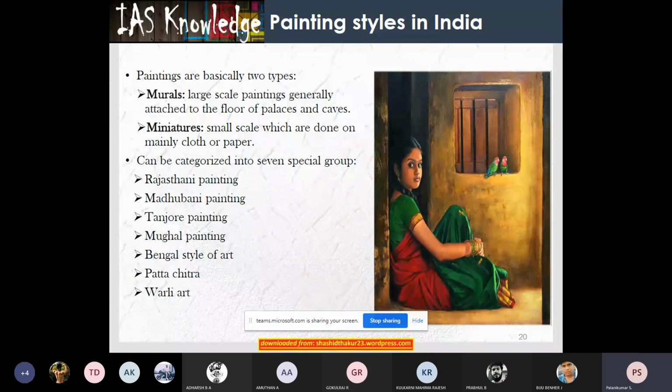So in India, they have categorized into seven special groups. That is Rajasthani painting, Madhubani painting, Tanjore painting, Mughal painting, Bengal style of painting or art, Pattachitra and Warli art. So in Indian tradition, they have classified and categorized it into seven special groups.